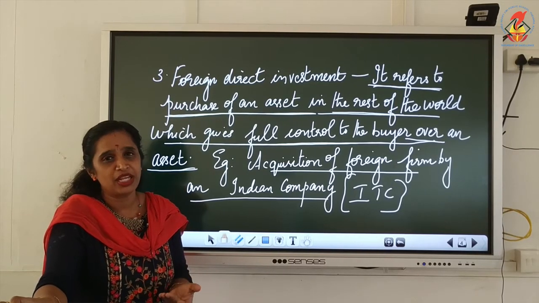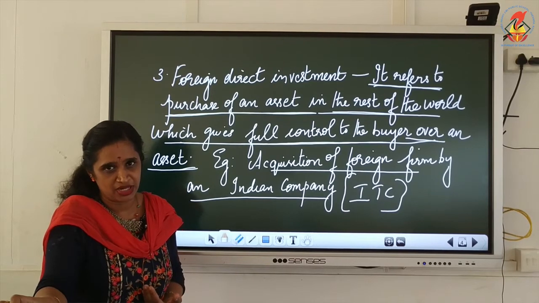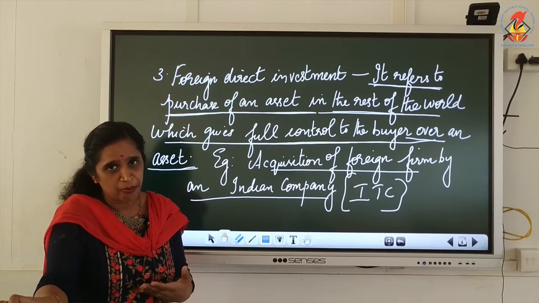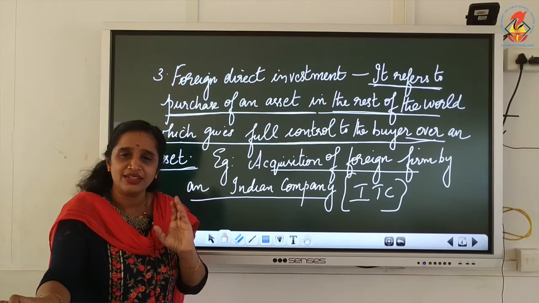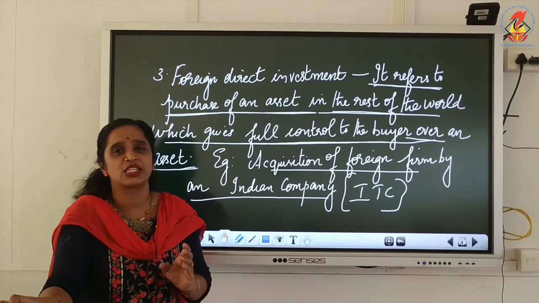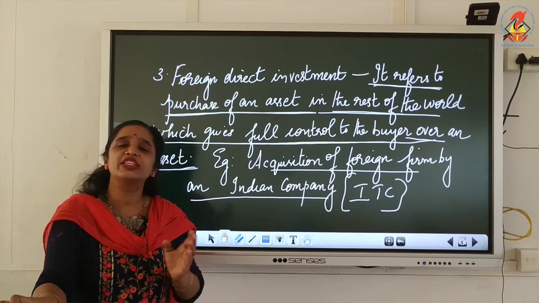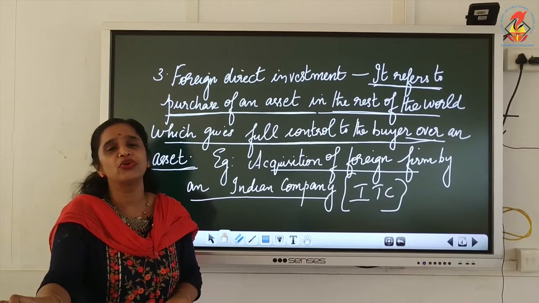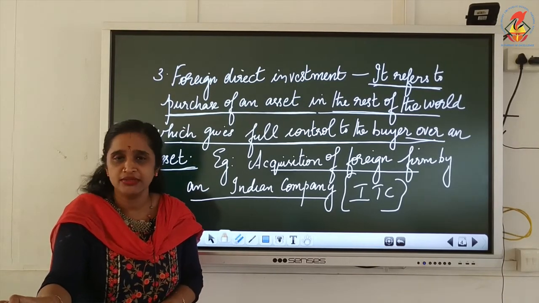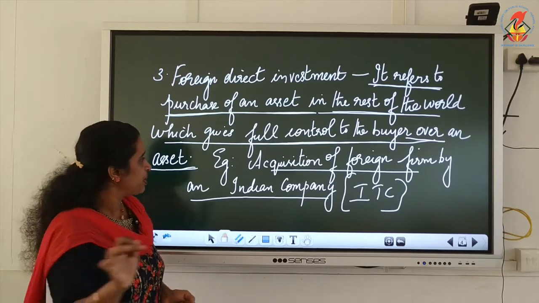When the Indian company buys the asset from the rest of the world, it is an asset for the Indian company, and that Indian company is getting full control over the asset. That means Indian company is buying that asset as a whole. No other party is involved in that. So, as no other party is involved in that transaction, the full control of that asset is for the Indian company. Now, when I give an example, it will be clear to you.